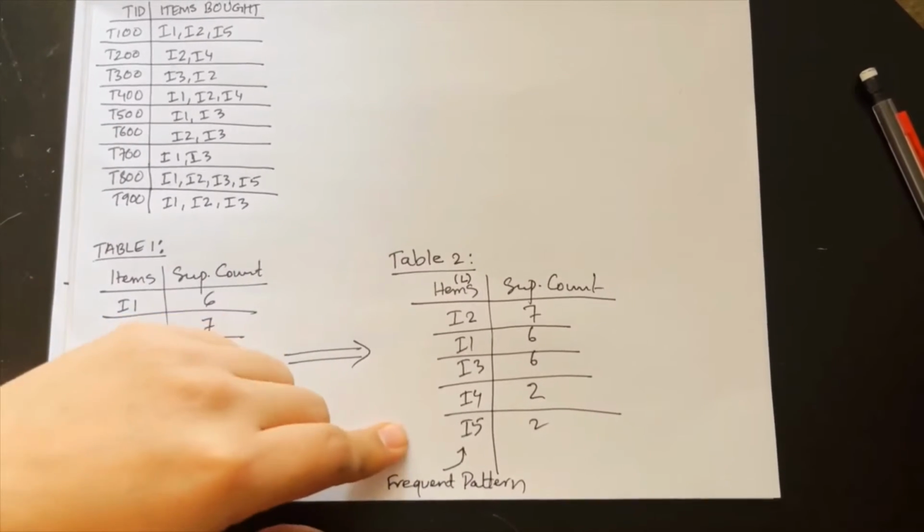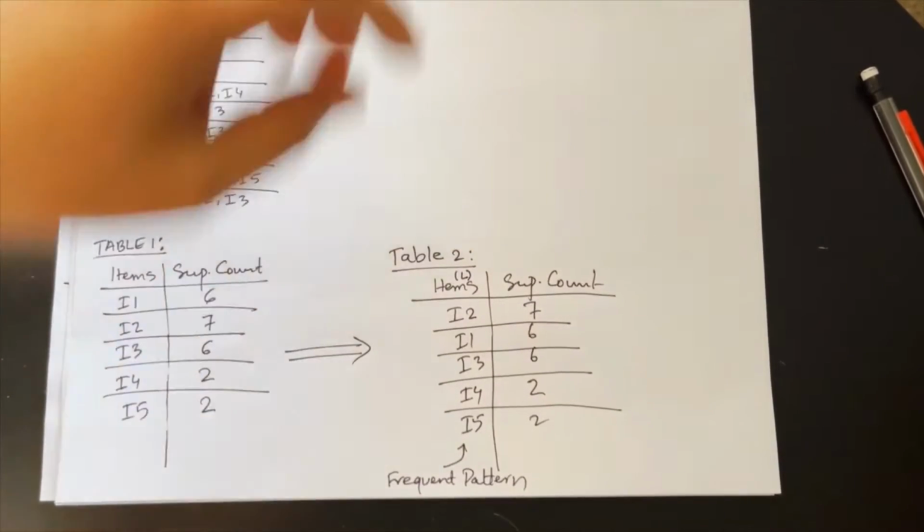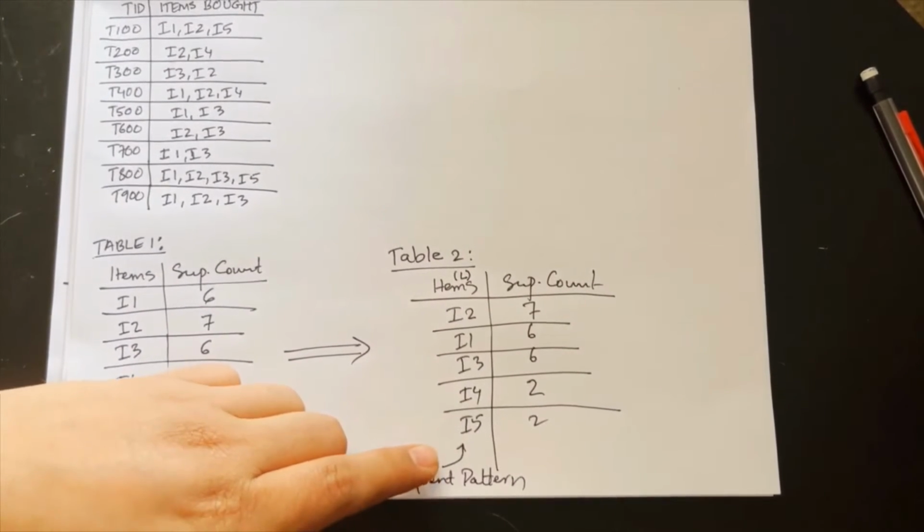Now at the next level, we have to arrange the items in the order of the frequent pattern, in the descending order of the frequent pattern.